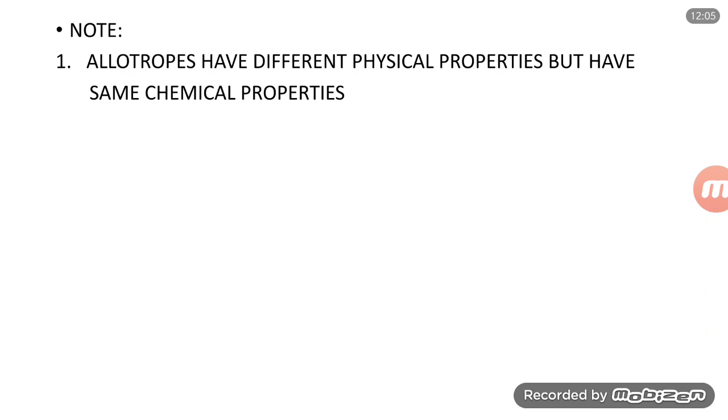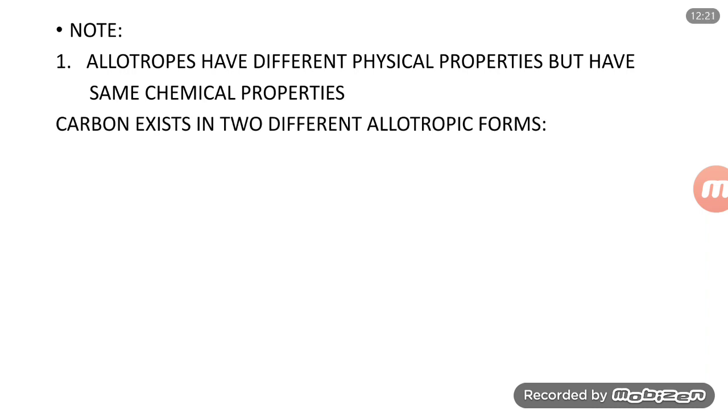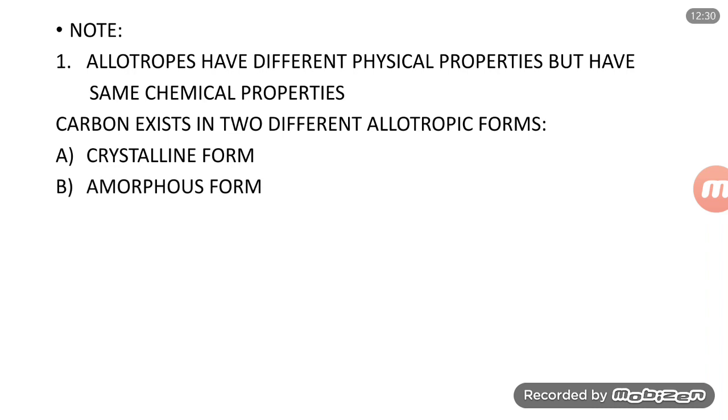So the physical properties of diamond and graphite are different, but both of them will exhibit the same chemical property. Why? Because diamond is also made up of only carbon atoms and graphite is also made up of only carbon atoms. Alright. Then carbon, I told you, will exist in two different allotropic forms, that is crystalline form and amorphous form.